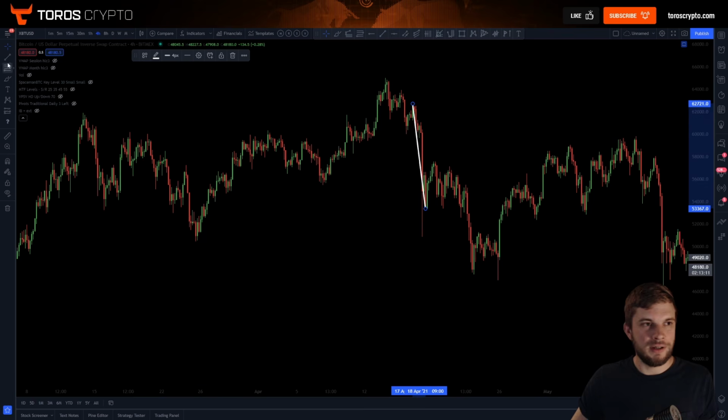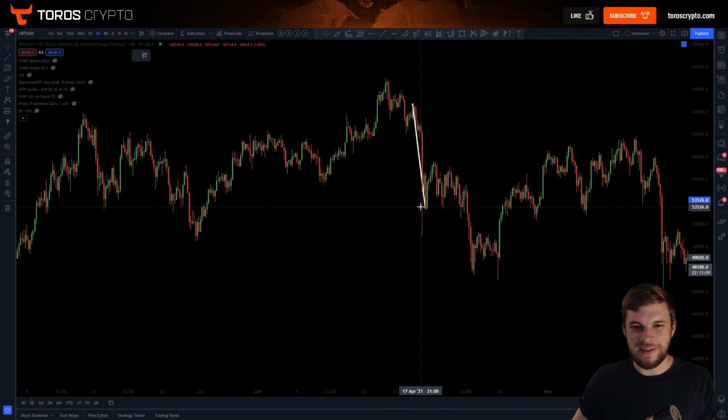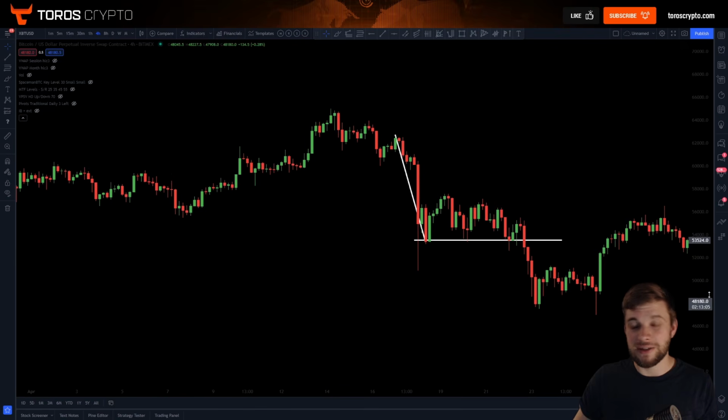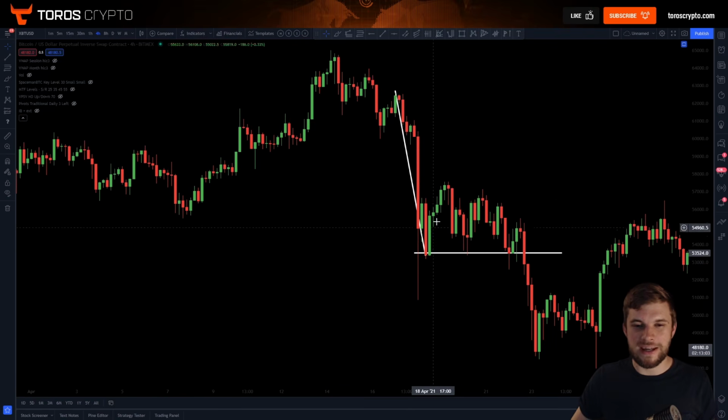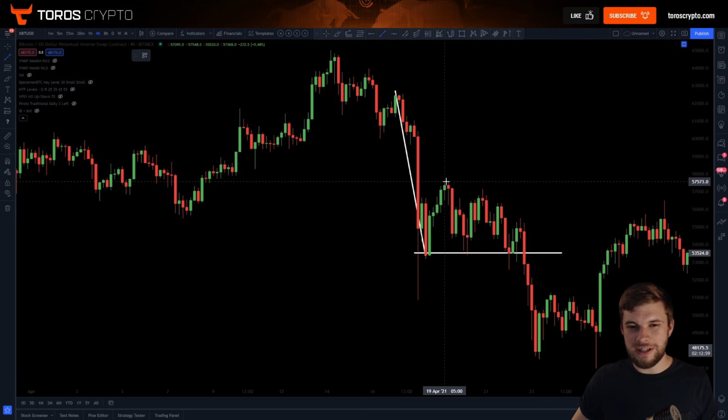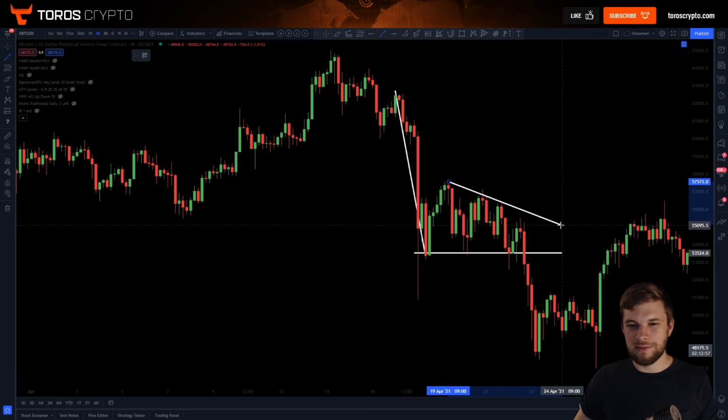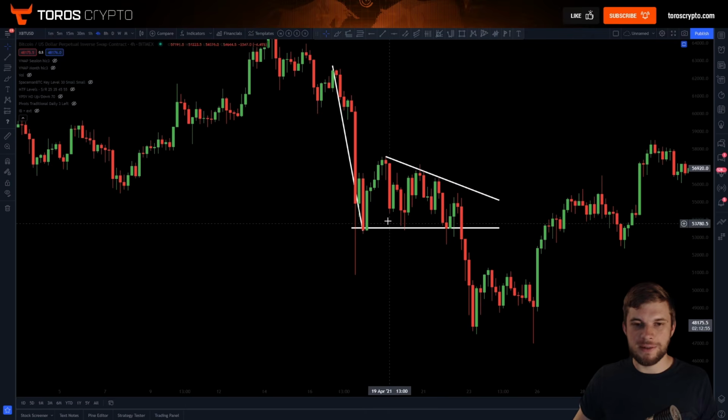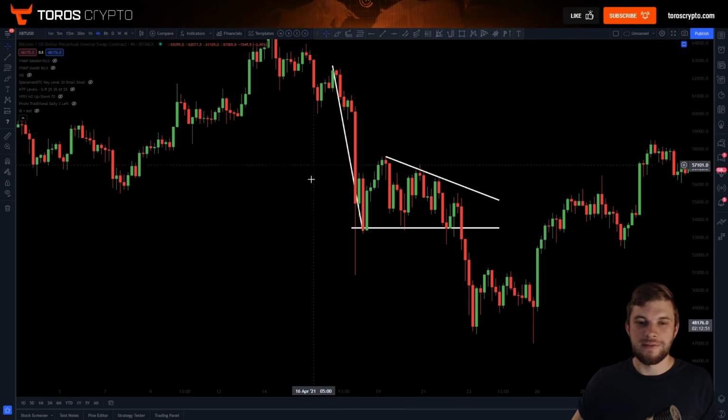Then you see that there's this support. On 3 occasions, you can see these in slightly different ways, price has been hitting into this support area, but each time it's been making these lower highs. So what does that give you? This looks to me, in a way, to be one of those descending triangles.